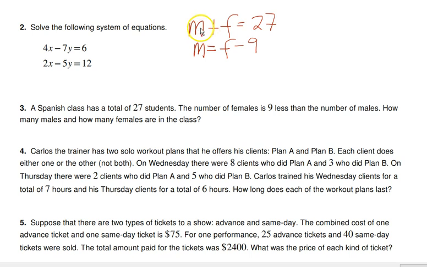So, males plus females, total of 27, and the males equal the female number less 9. So again, as you study this, you wonder, what method can I use to solve it? And I believe the answer would be substitution.